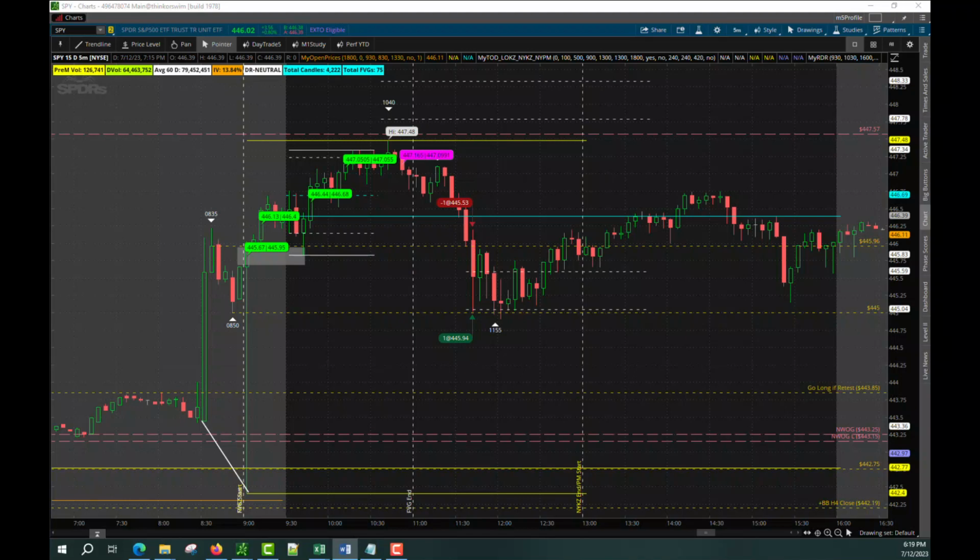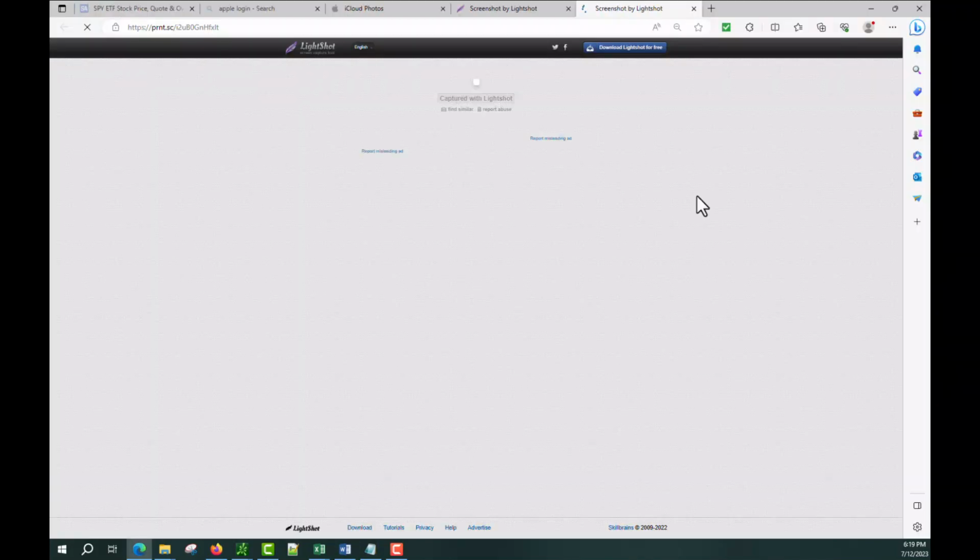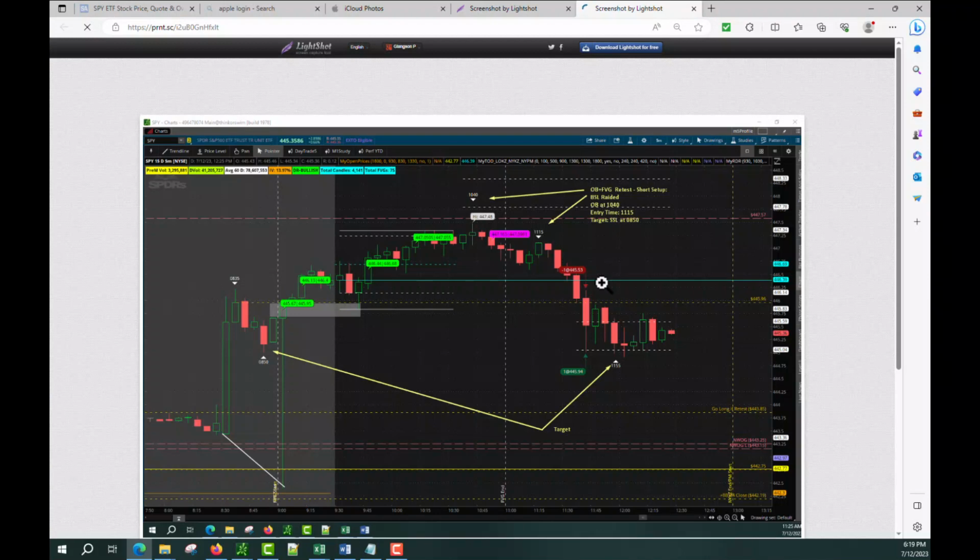It's a short setup, right? Let's see the screenshot we took. Yeah, so this is our, sorry, it's a 5 minute time frame. So we took on our 5 minute time frame the setup right there.